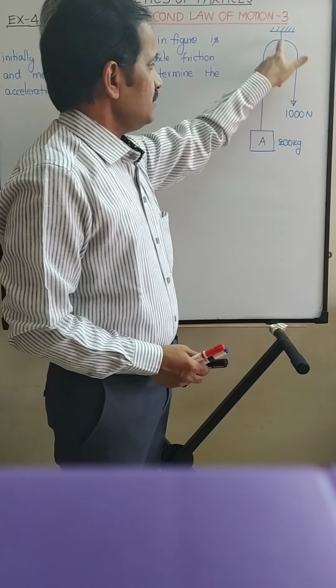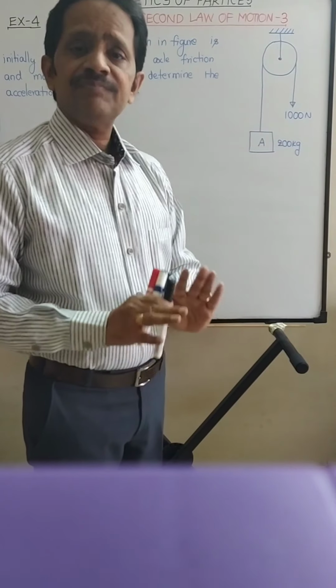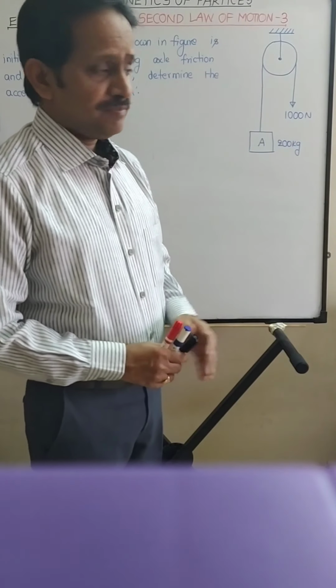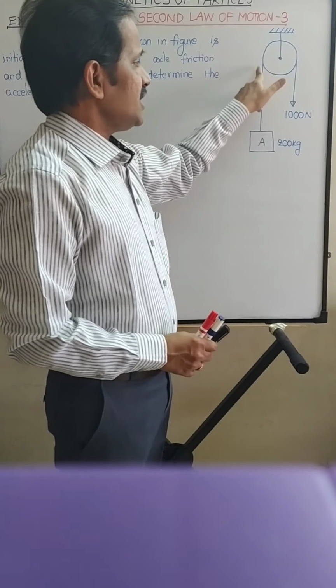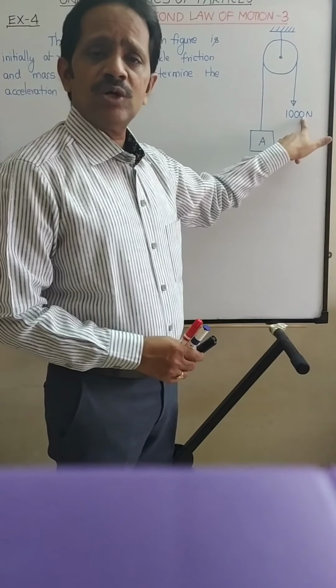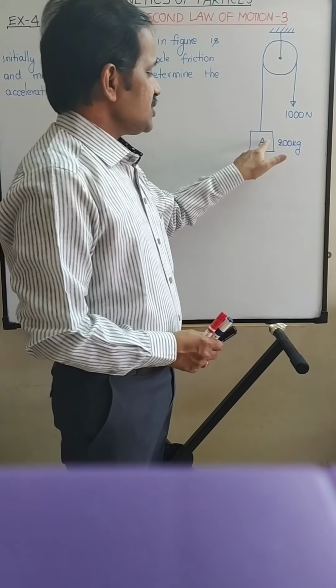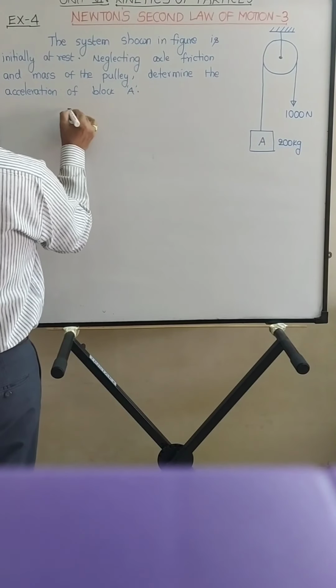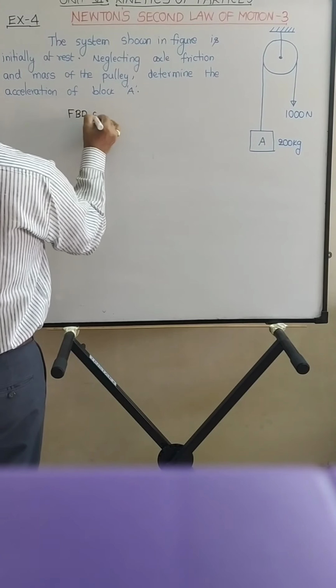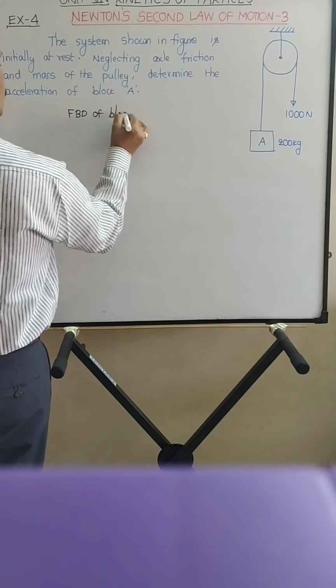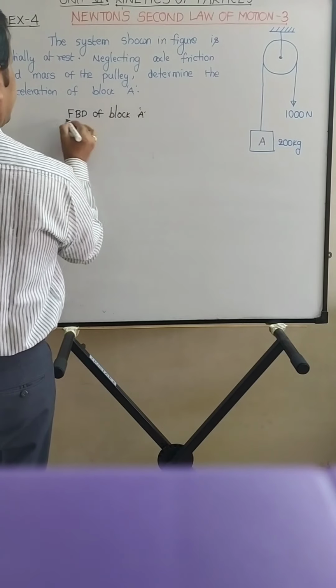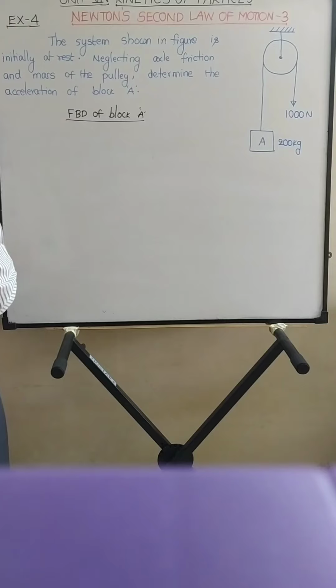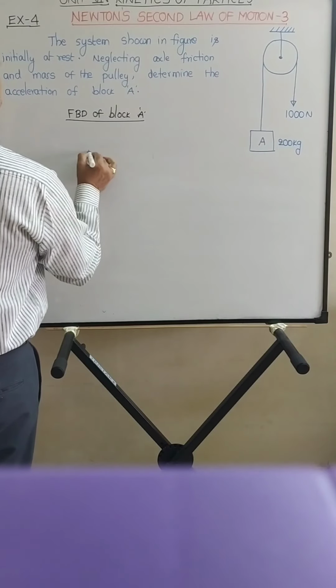So the tension in the cable remains same throughout, right? Let T is the tension in the cable, which is equal to 1000 Newton. So let us draw free body diagram of block A. FBD of block A. So what are the forces acting on it?